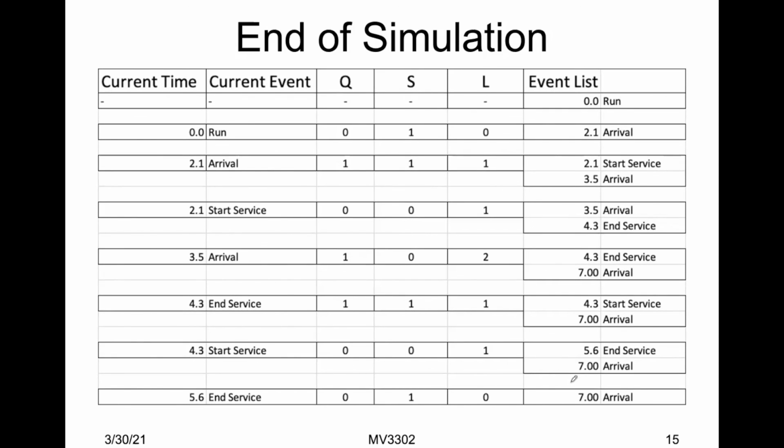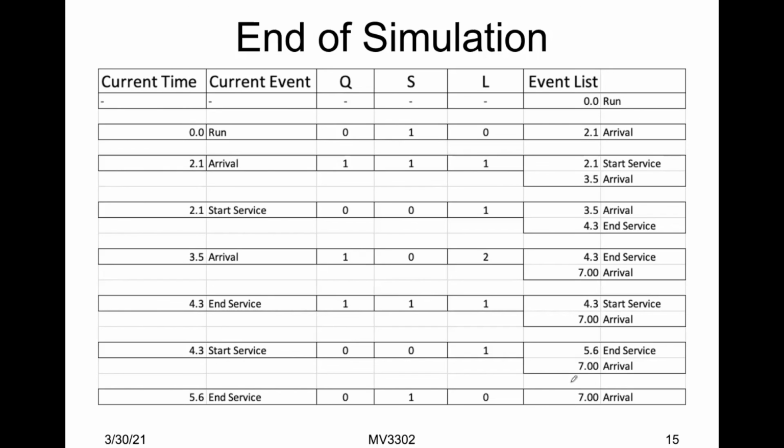It's kind of up to you. When we actually run these, stopping after a certain number of events is one of the standard ways of stopping. When we start doing it on the computer, we'll actually do something like stop at a certain time. And when we stop at a certain time, there are always going to be some events left over on the event list, and then they just go away.